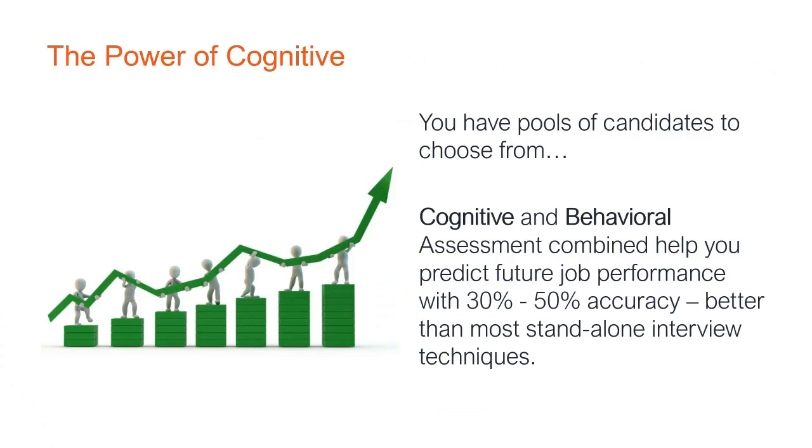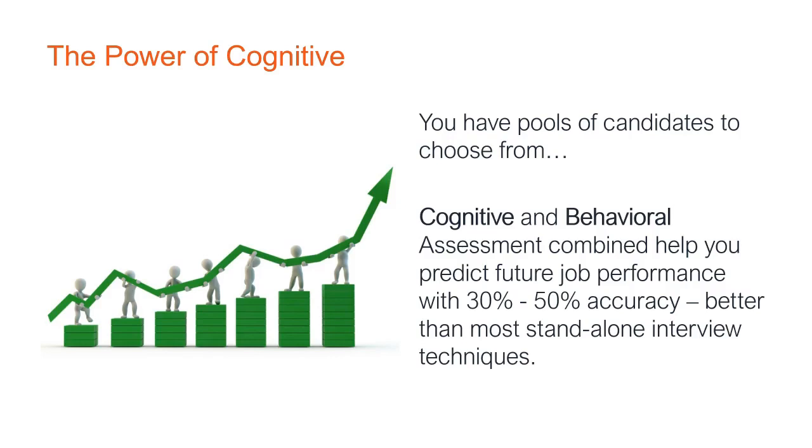So now that we understand what cognitive ability is and why we would use it in the hiring process, let's also talk a little bit about the impact it makes for helping you make talent decisions. According to researchers, cognitive ability has been found to be among the best predictors of general job performance when compared to at least 30 other common selection procedures, including but not limited to job experience, interests, peer rating, and employee interviews.